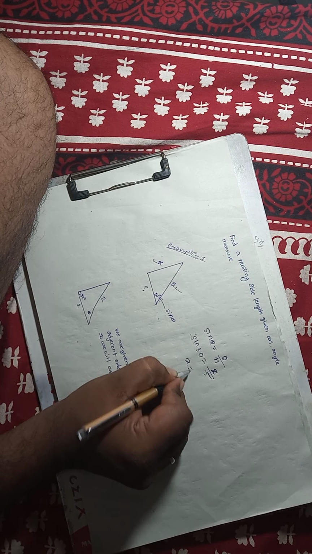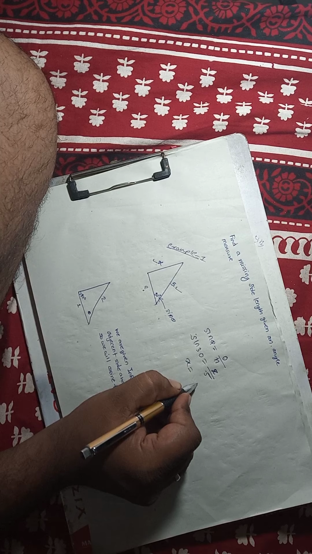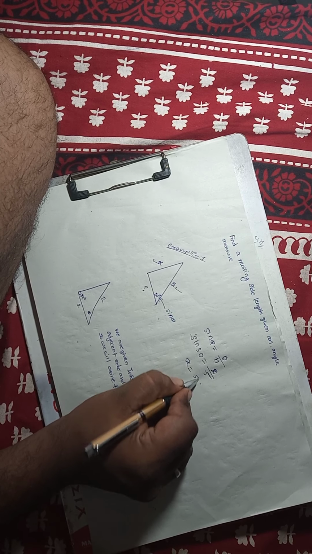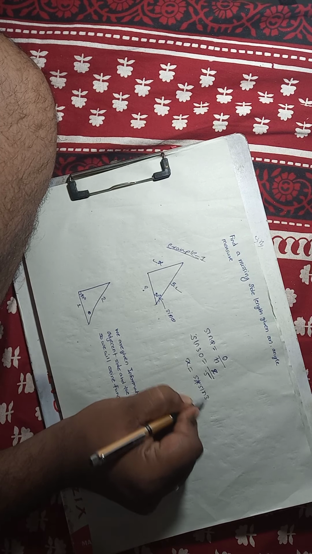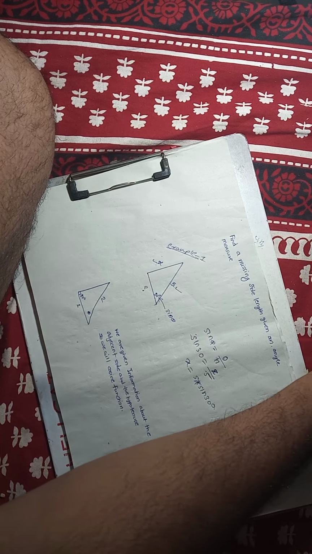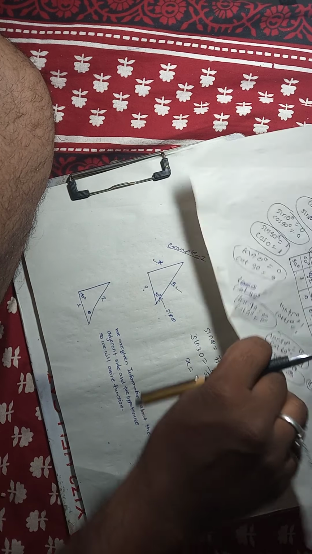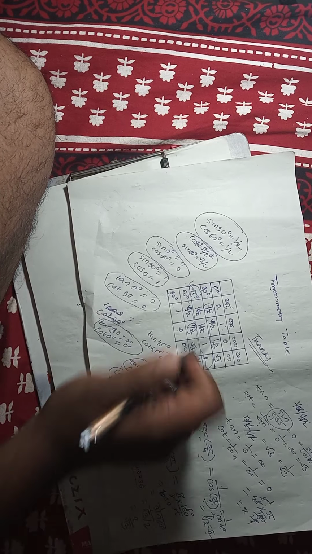So x is equal to pi into sine 30. In the previous example we have calculated the value of sine 30.